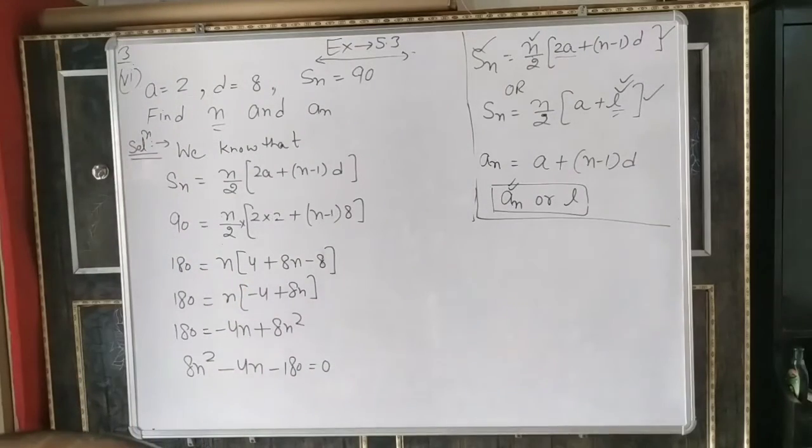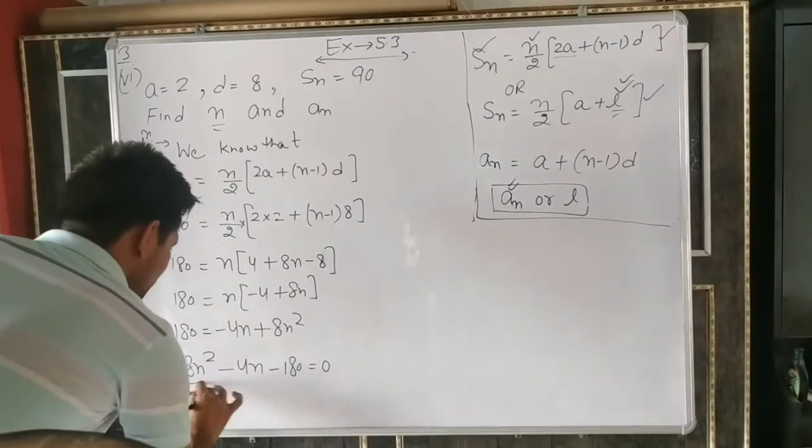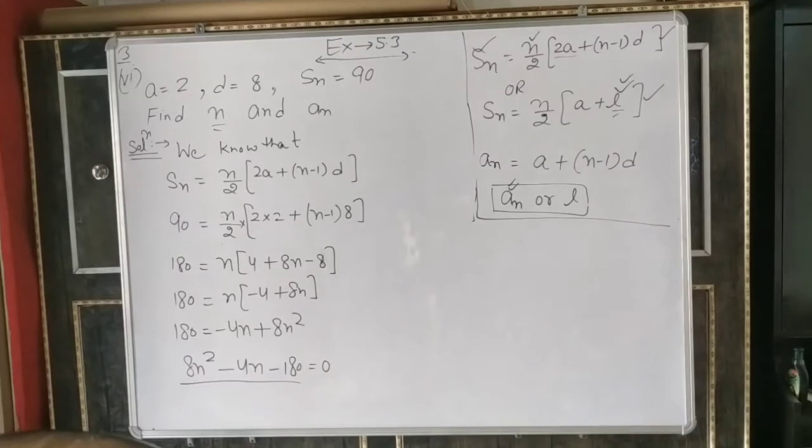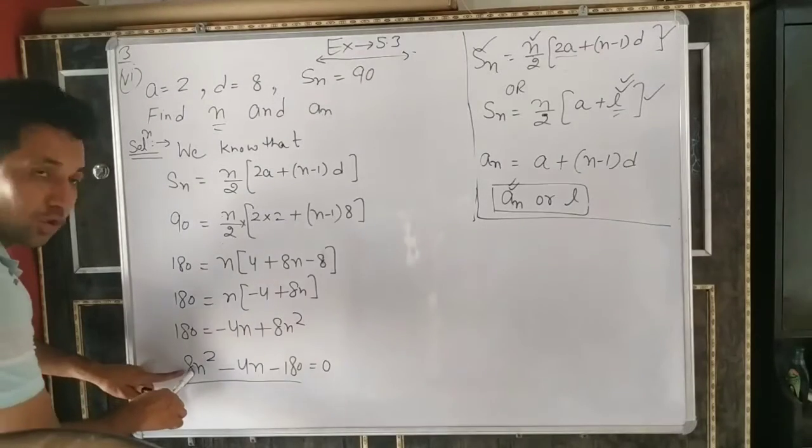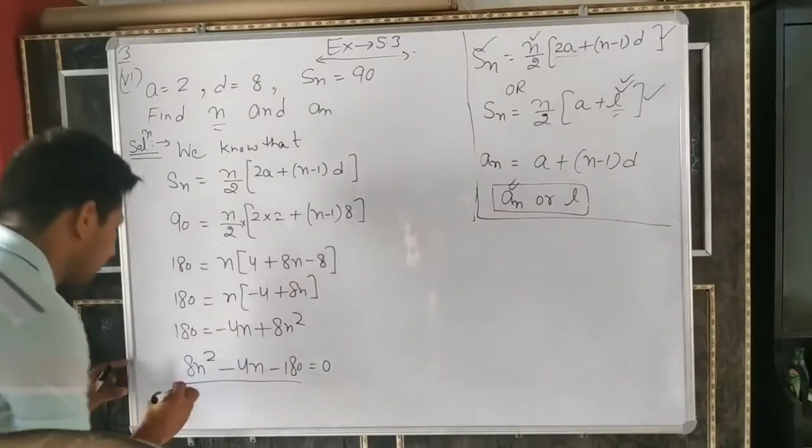Understand it? We can also take a common factor. What is common from this? Can we take 4 common? Yes. So 4 is common from all terms.